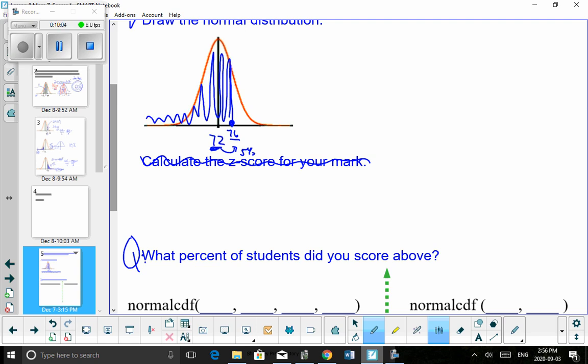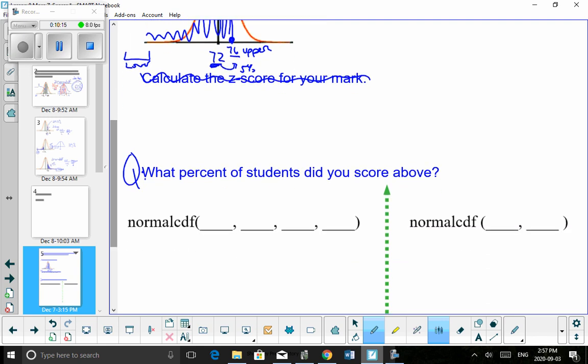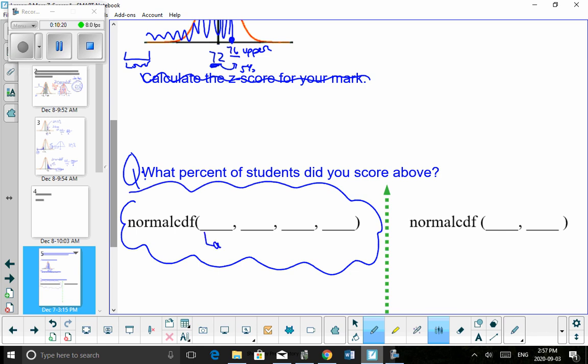So we're going to use normal CDF: the lower, the upper, the mean, and the standard deviation. For the lower, remember there's no stopping, so you're going to go -1 followed by a ton of zeros. For the upper, you're going to go 76.